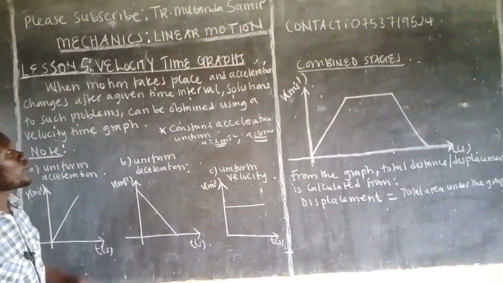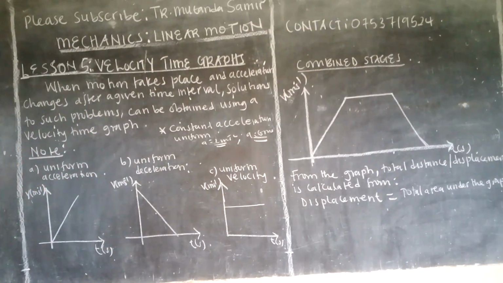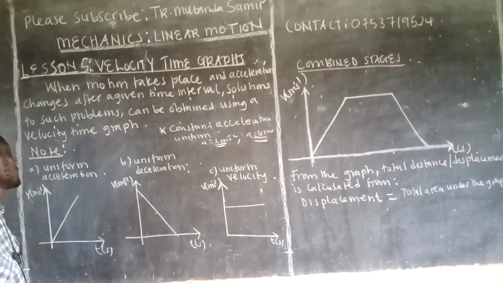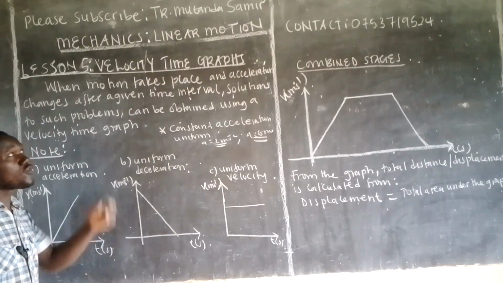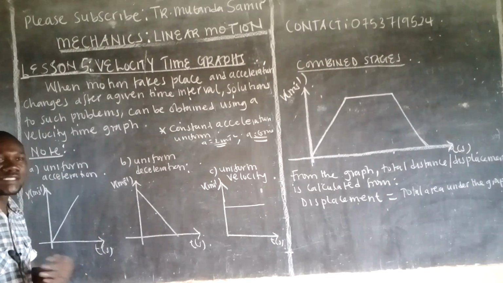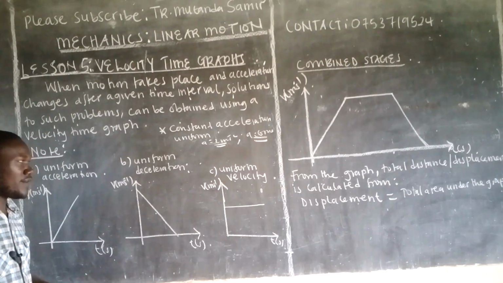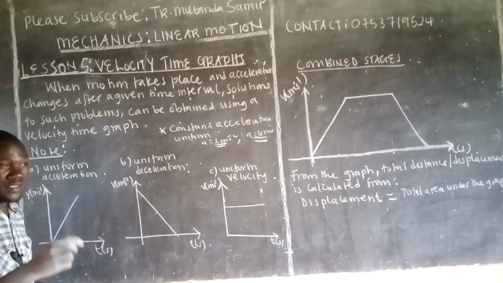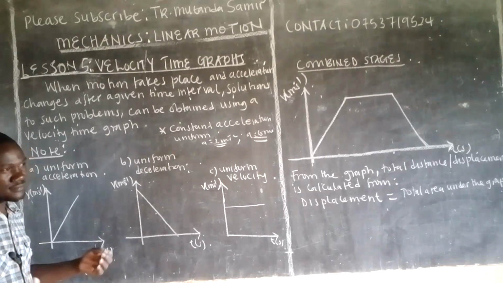When motion takes place and acceleration changes after a given time interval, the solution to such problems can be obtained using a velocity time graph. So when you read a word problem from linear motion and you see that the same body's acceleration is changing, you just know we have to use a velocity time graph. We are lucky that when examiners set, they tend to bring it direct.